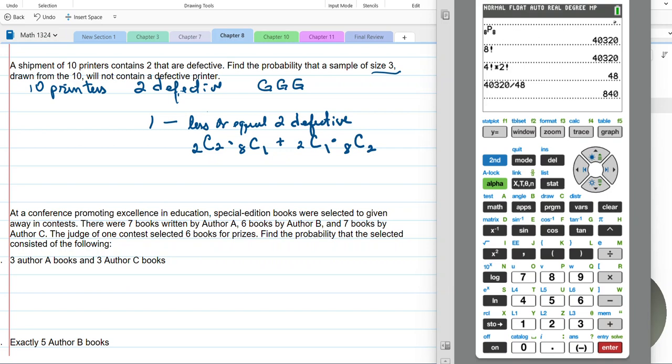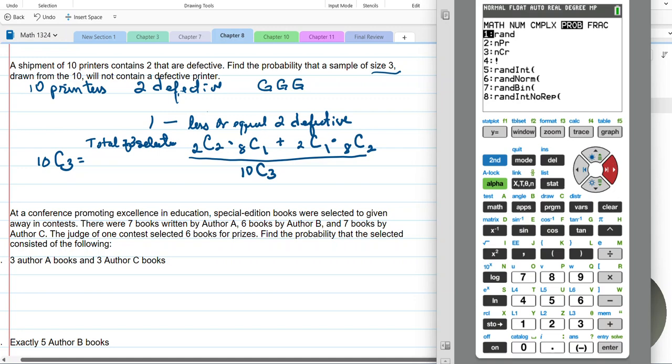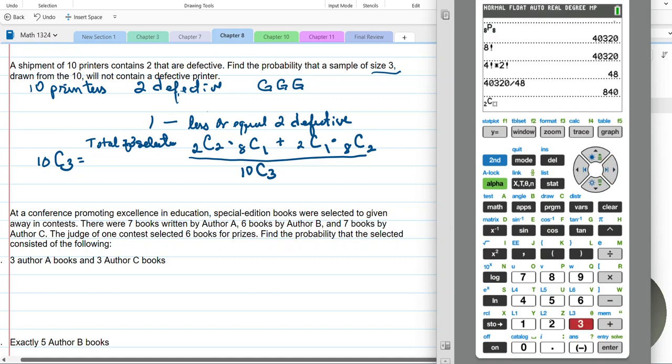And this is our total probability of having that over the total, which is 10, choose 3. All right, got it all. So I'm going to do math, PROB, number 3 and 2.